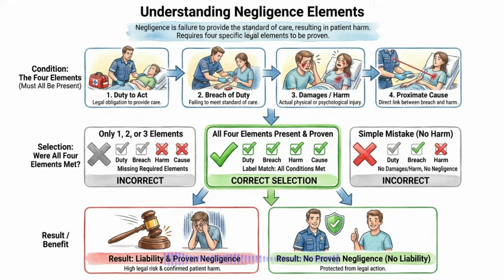A common mistake candidates make is confusing simple mistakes with negligence. But remember that all four elements must be legally met. Understanding this concept protects you from liability and ensures you are always acting in the best interest of your patient.